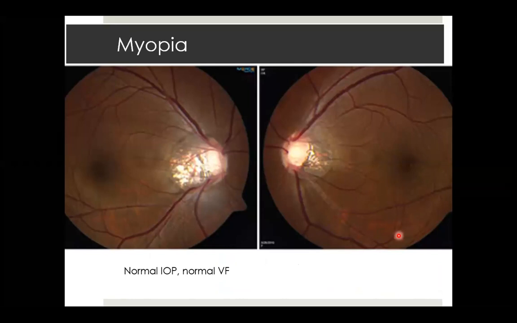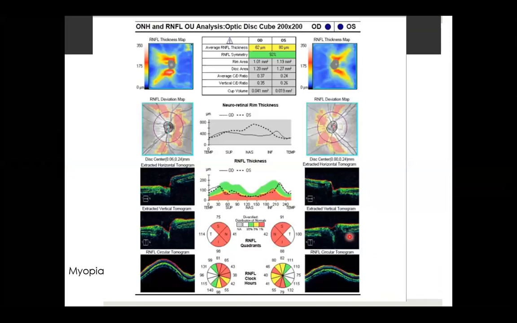So they're very, very difficult to interpret. But in this particular patient, she had normal visual fields and normal intraocular pressures, but you can see the OCT, everything was just red and abnormal.